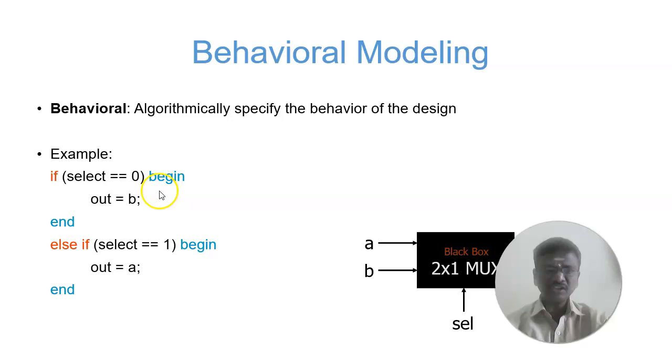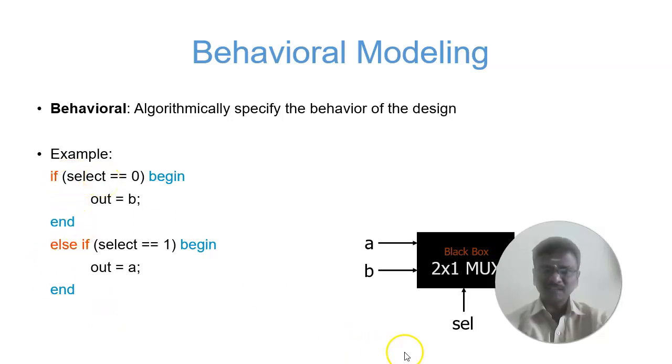Then the next one is behavioral modeling. If you are specifying the behavior of the design algorithmically, then it is called behavioral modeling. For example, here we are having a 2:1 mux. It contains the inputs A and B, one selection line and one output. It can be represented based on its behavior.